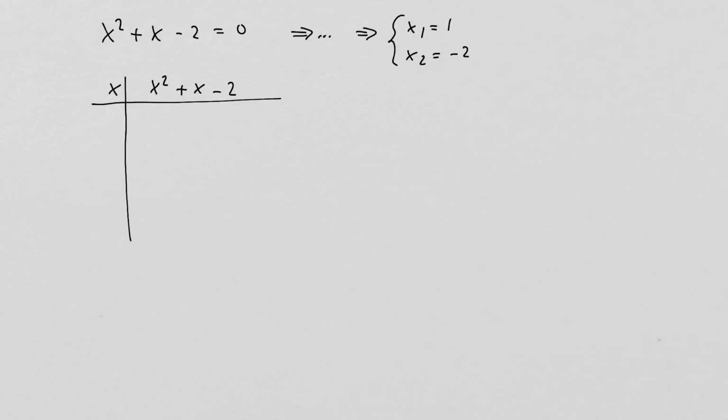Let's calculate a few values of this polynomial. Well, we know the 2 roots, so we know that if x is 1, we get, actually we can check here the solution. If we substitute x to be equal to 1, we get 0, as we should get. If x is minus 2, we get in the end 4 minus 4, that gives 0.